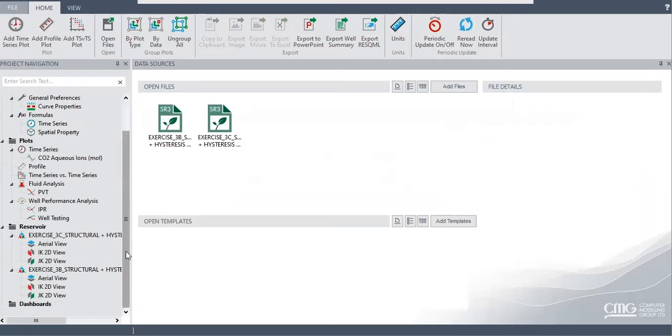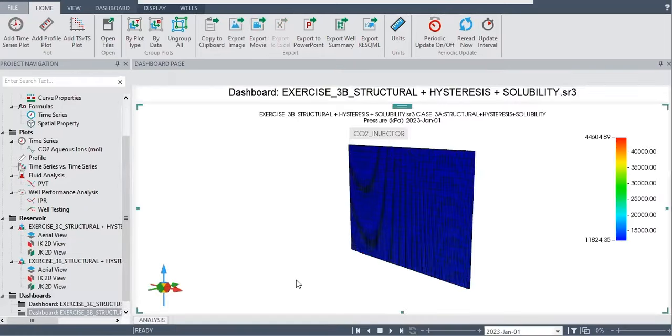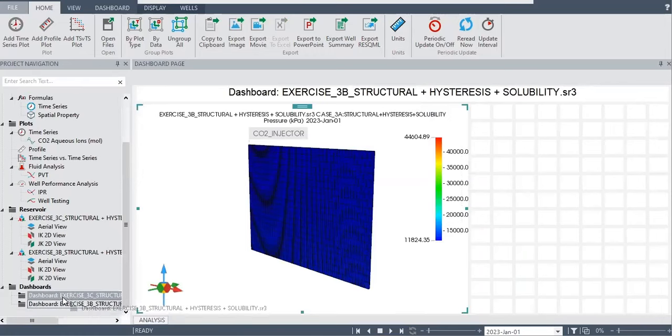Okay, and as usual, drag them onto the dashboard, 3C and 3B.